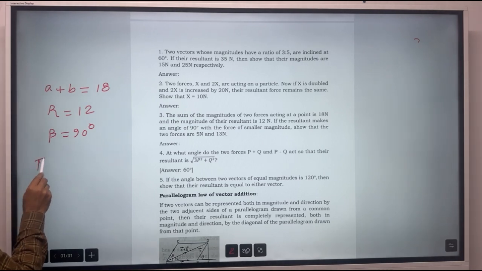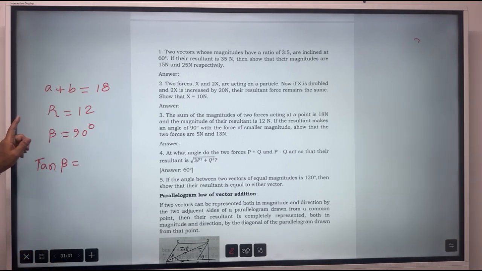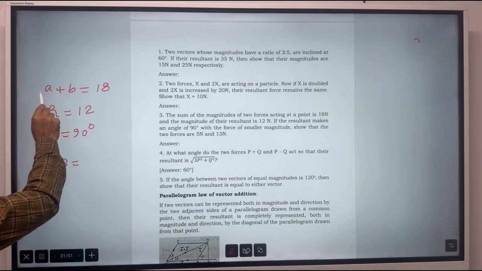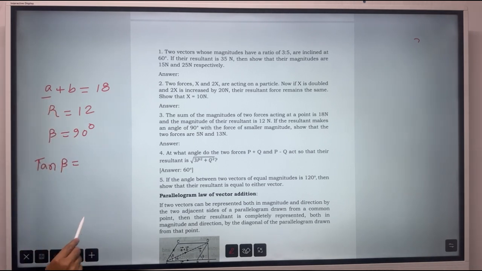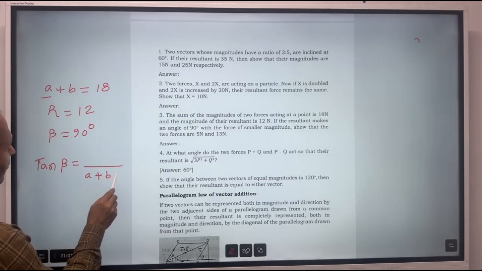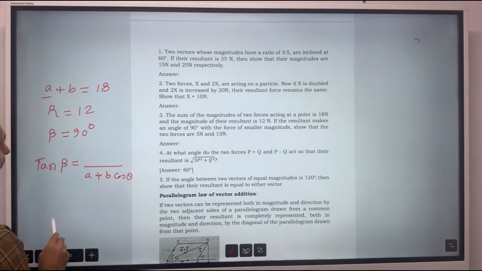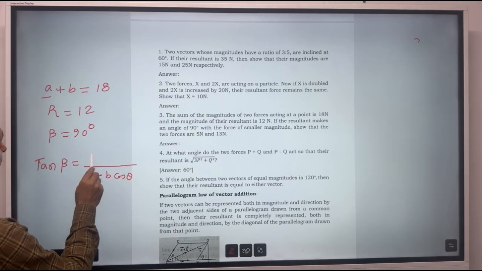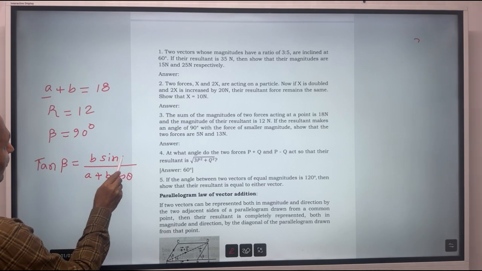So you know tan beta is given as the perpendicular component of the second vector over the base vector. Base vector we are taking A, which is the smaller one. So in the denominator we write A plus B cos theta, and in the numerator we write B sin theta.